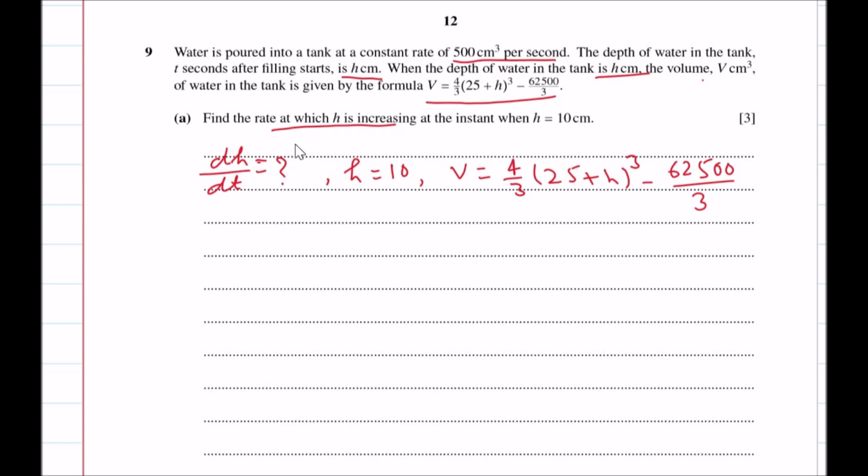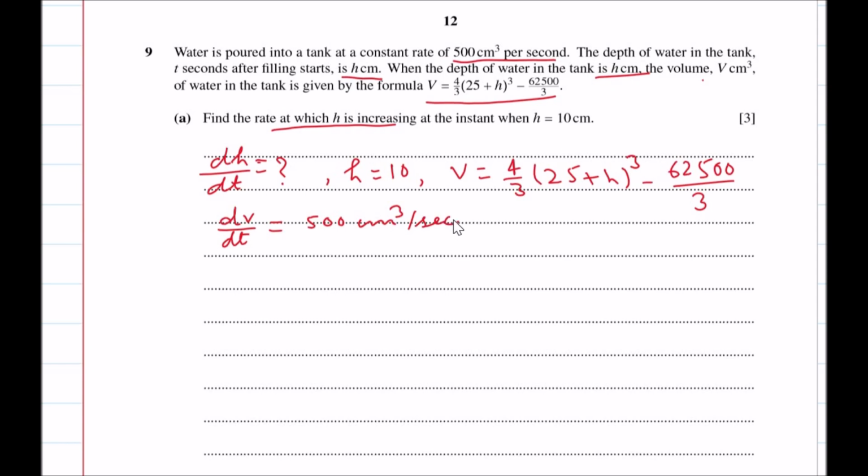One more thing given, see first line of the question: 500 centimeter cube per second. That means dv by dt, the rate of change in the volume, is 500 centimeter cube per second.